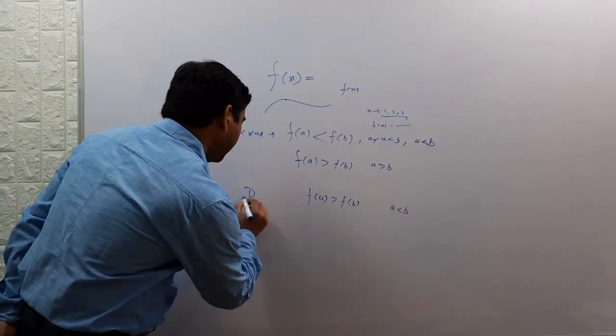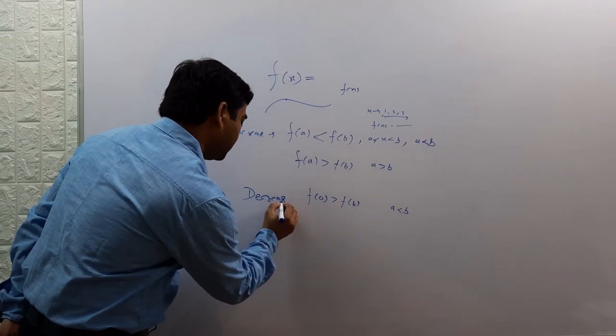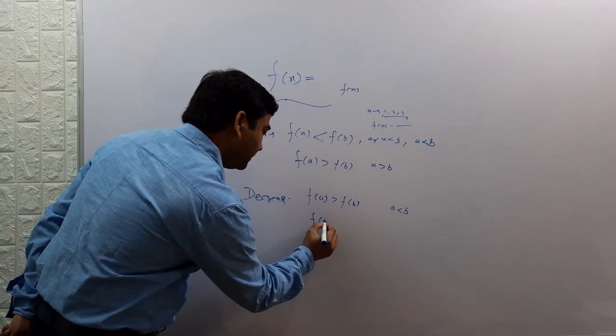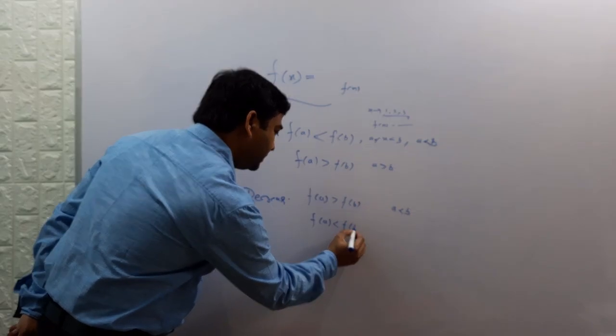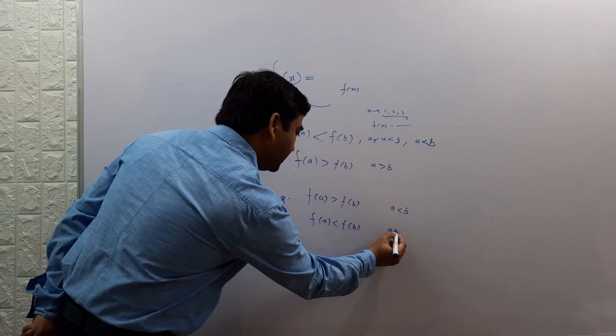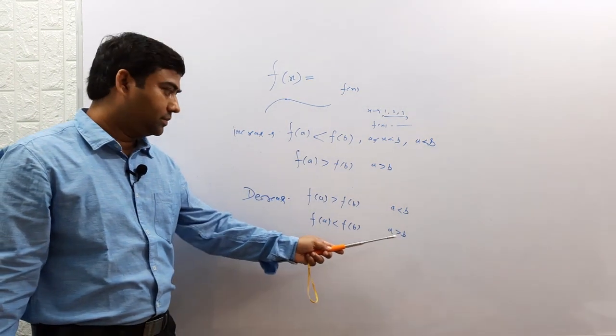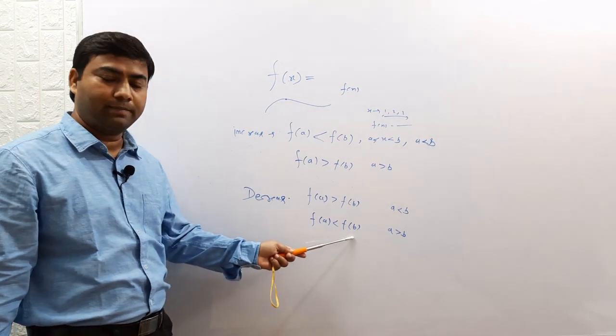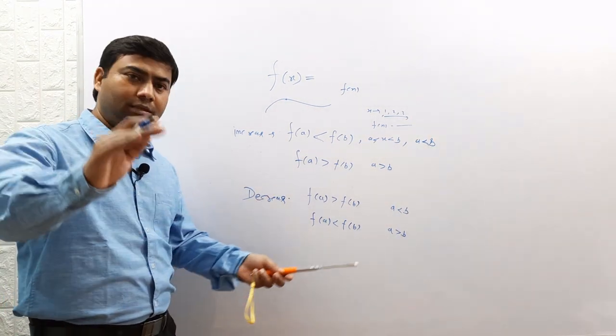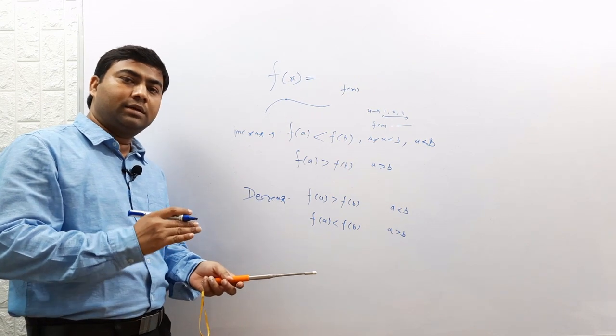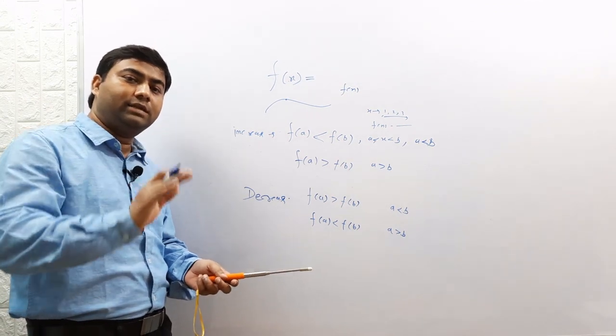Similarly, f(a) is less than f(b) when a is greater than b. When x is increasing, f(a) is decreasing, and when x is decreasing, f(a) is increasing.